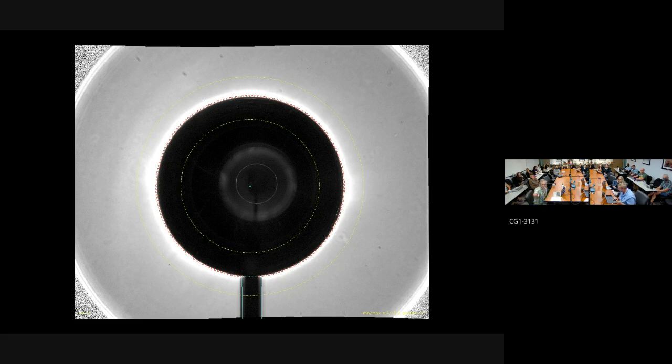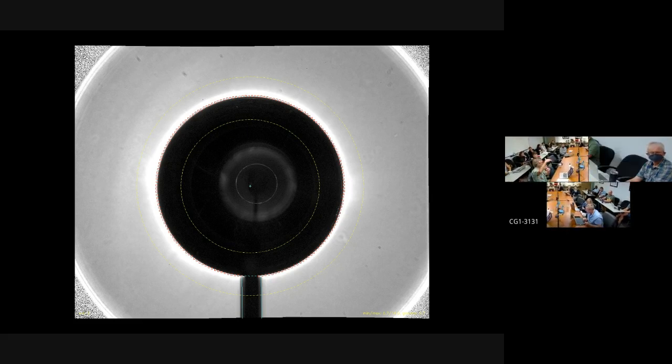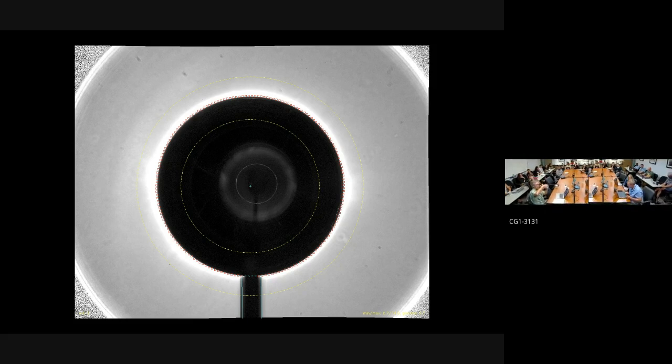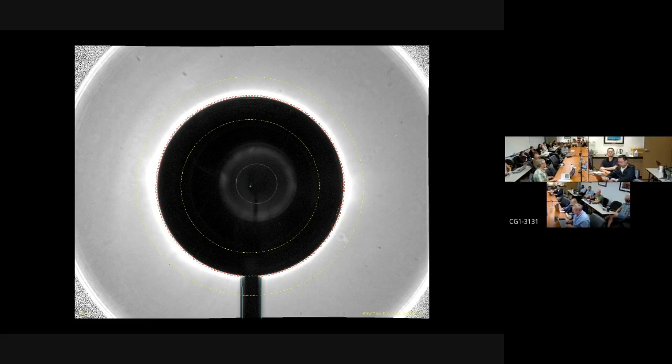You barely see the outside yellow, but there's an inside yellow and an outside yellow band. That's kind of our band of where we're looking for the occulter, right? So we restrain where we're looking, and we have an initial guess, which is the thing in the middle there, that little bear across there. Thank you.